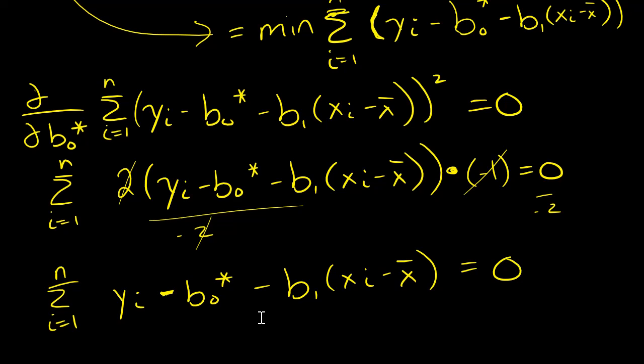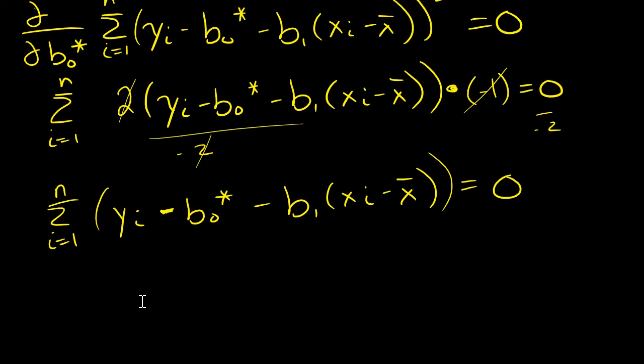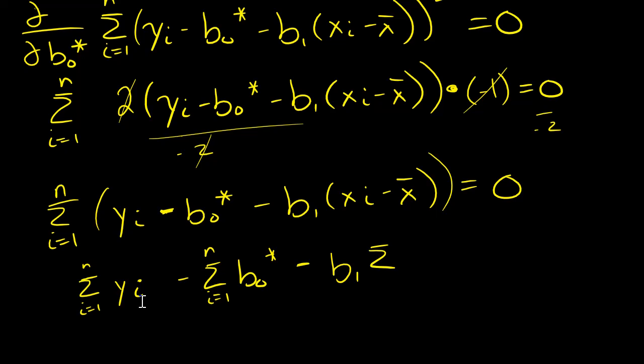Now to solve this, let's bring our sum into each part. We have the sum from i equals 1 to n of y_i, minus the sum from i equals 1 to n of b0 star, minus, pulling out b1 from the sum since it doesn't depend on i, b1 times the sum of (x_i minus x bar), equals 0.